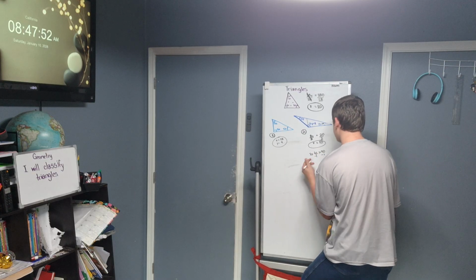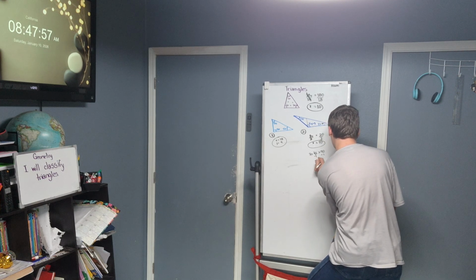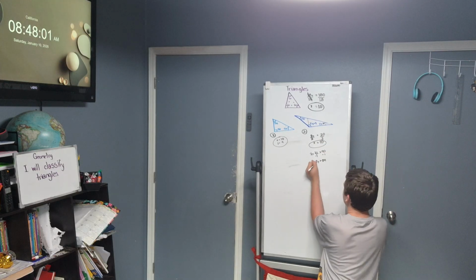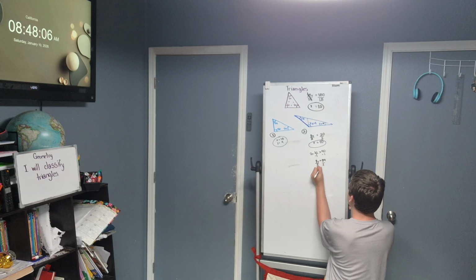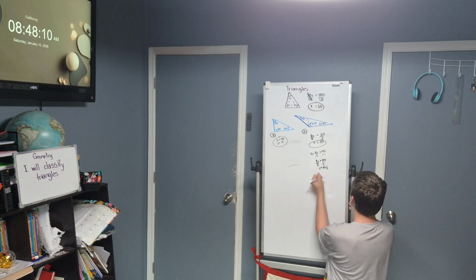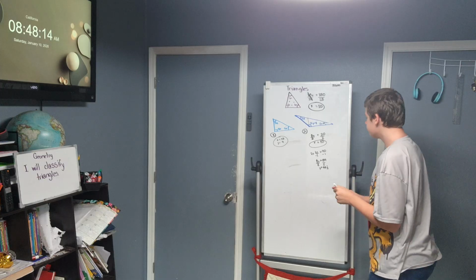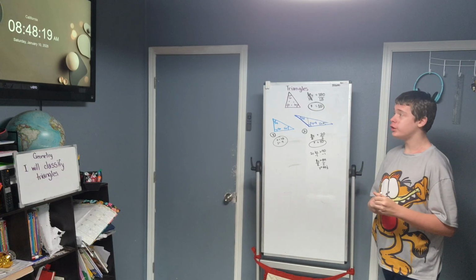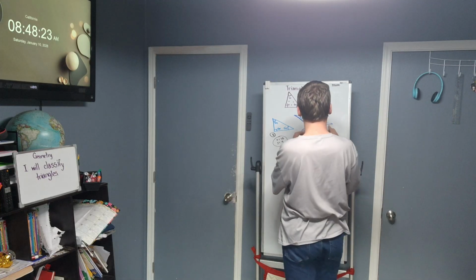So 2y is greater than 89. So we divide by 2. So y is greater than 44 and a half. So it should be greater than 44 and a half, so it might be 50-ish. I'm gonna check our protractor.